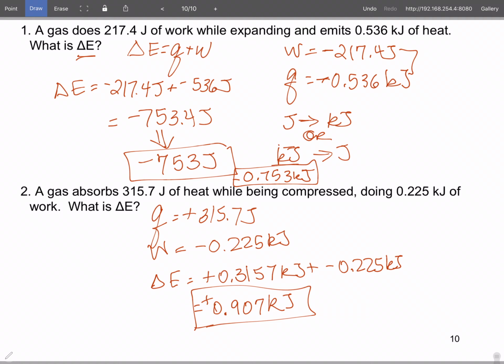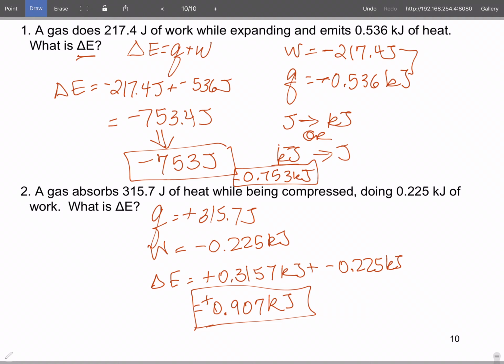If you don't put it in, it's understood to be positive. However, you might want to get in the habit of putting the positives in only so that you remember that when it's negative, you're going to have to account for that as well. Okay? So, again, it's just a good idea.